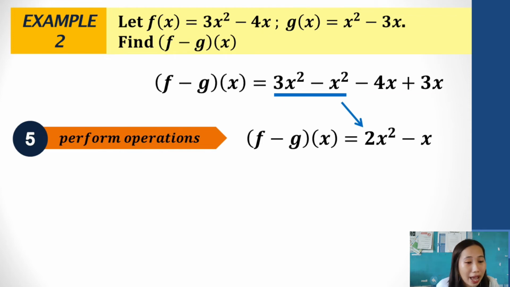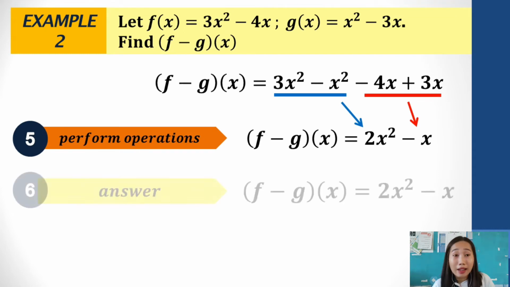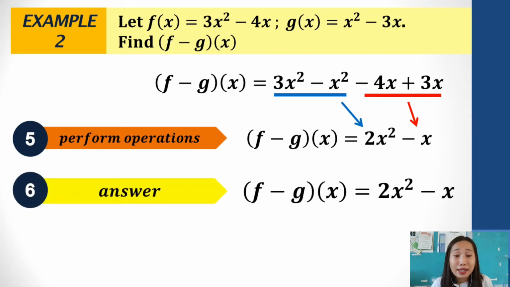And then, we have negative 4x plus 3x, naging negative x siya. So, narito na tayo sa ating final step to write the final answer. F minus g of x is equal to 2x squared minus x. So, ayan. Ang dali-dali lang talaga ng subtraction of functions. Okay, let us proceed to our third example.